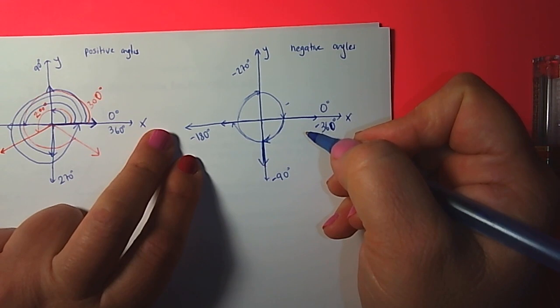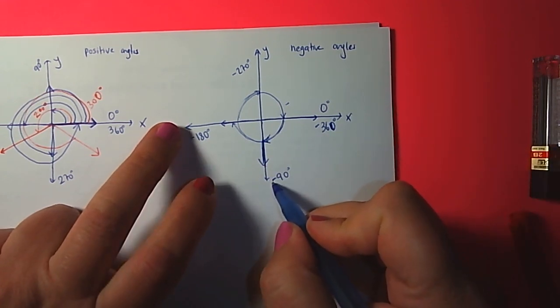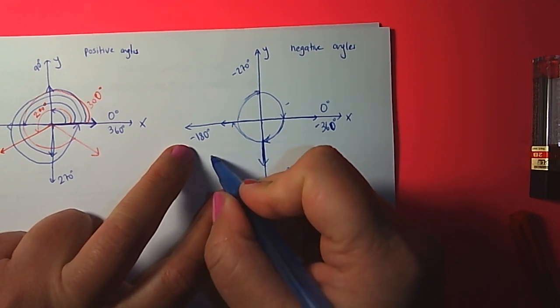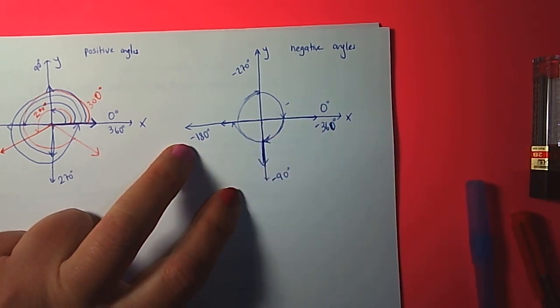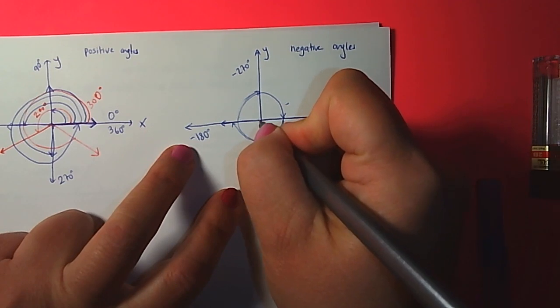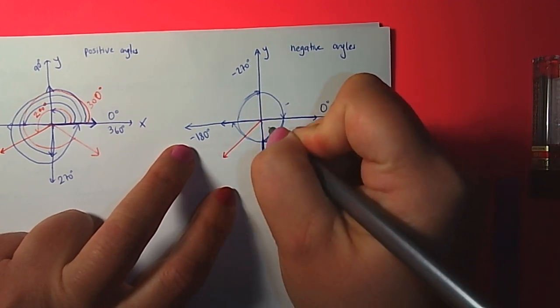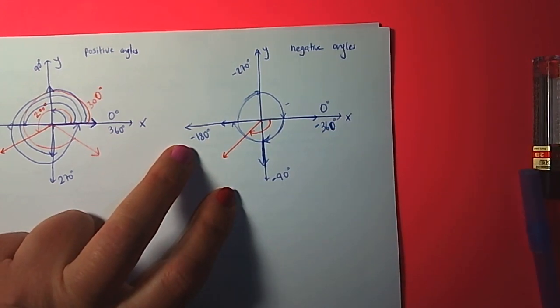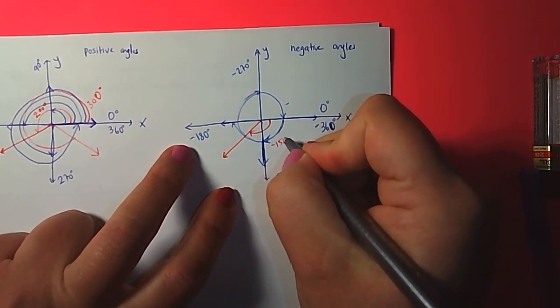Let's say you need to sketch negative 150. So you know that negative 150 is between negative 90 and negative 180. So you can just draw the angle, and you know that it must be located in quadrant 3. So that is negative 150 degree.